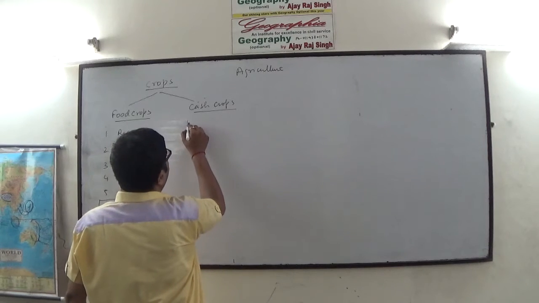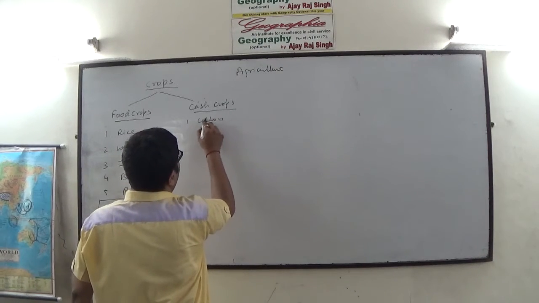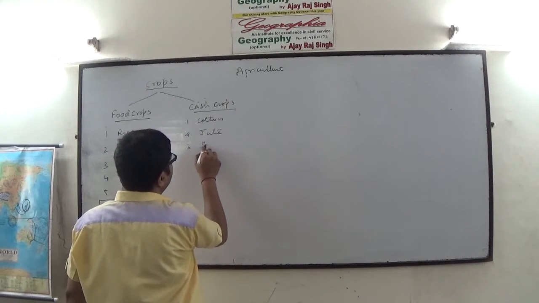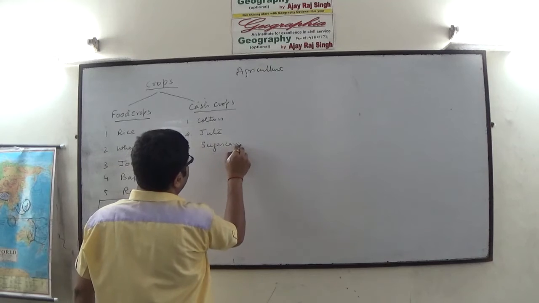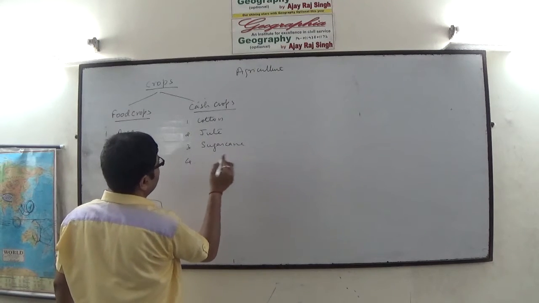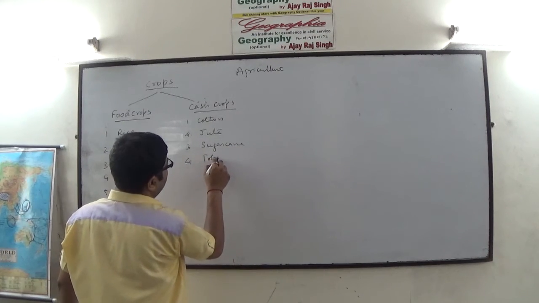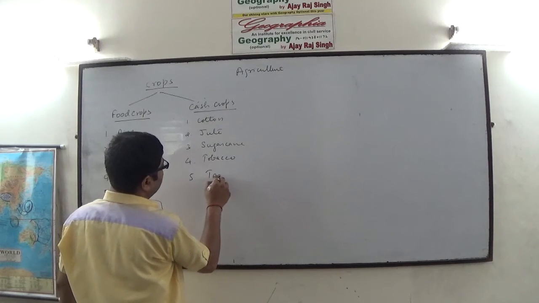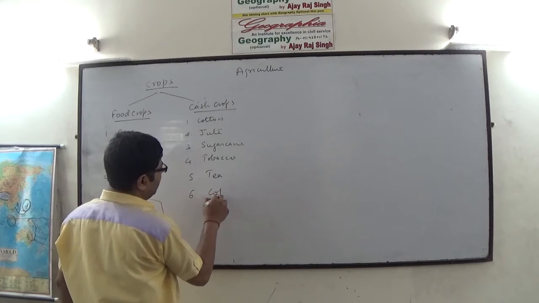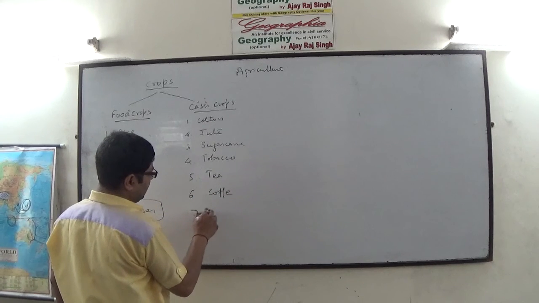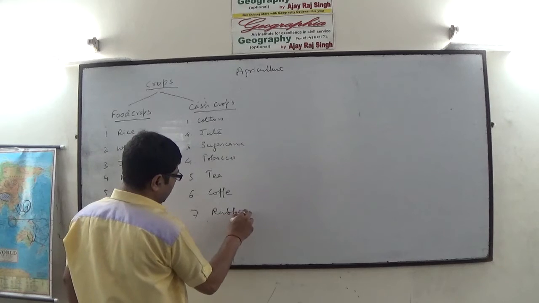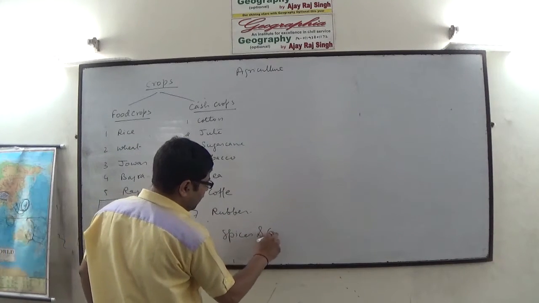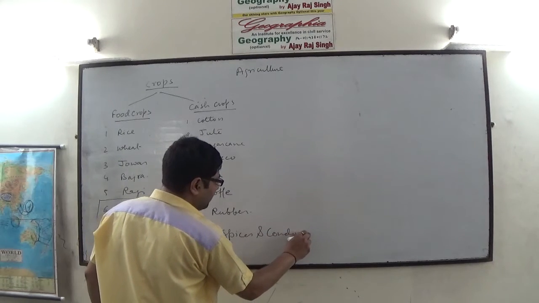Cash crops: cotton, jute, sugarcane, tobacco, tea, coffee, rubber, and certain spices and condiments.